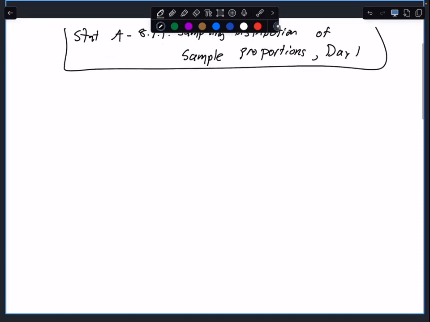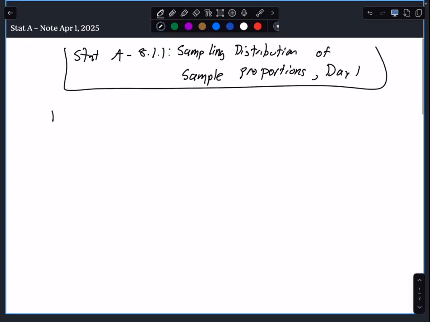So first off, we have this idea about the proportion. We want to make sure we understand the difference between a parameter or a population, versus a sample.